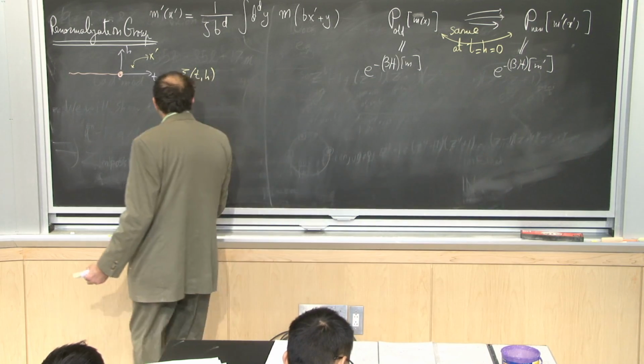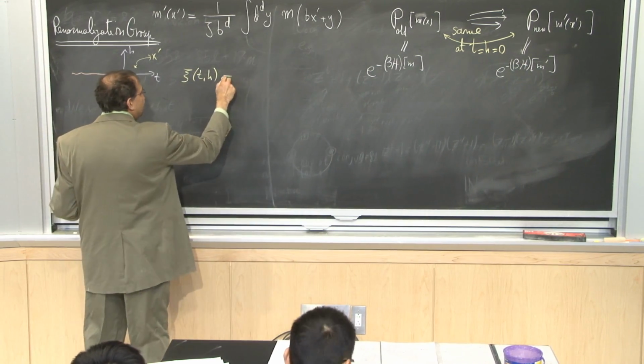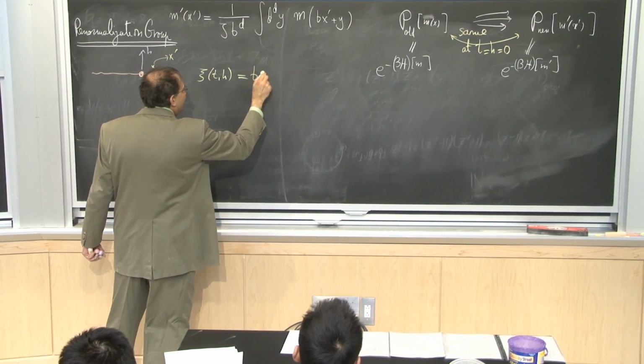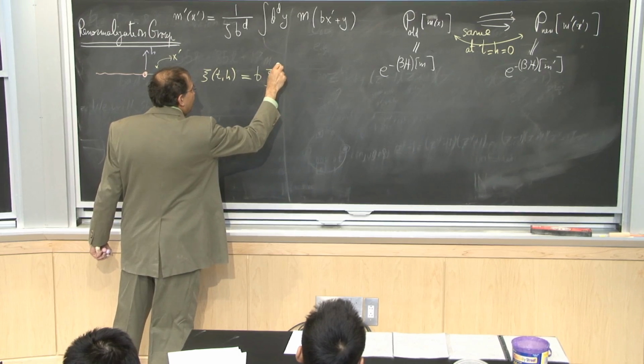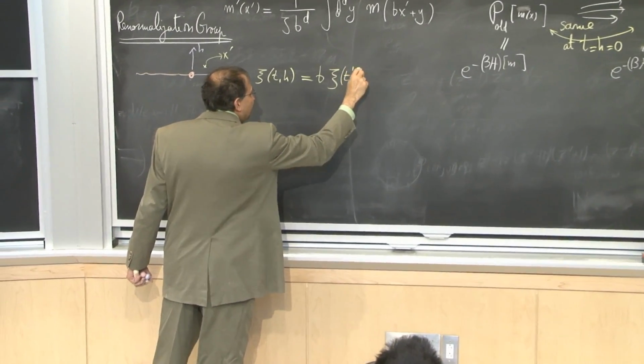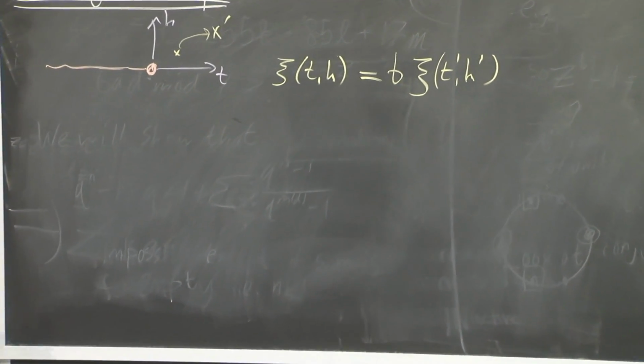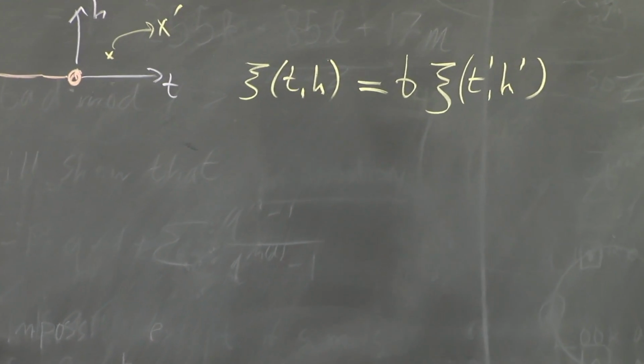So again, this says that the correlation length was in fact b times the correlation length at T prime and H prime, and T prime and H prime are further away.